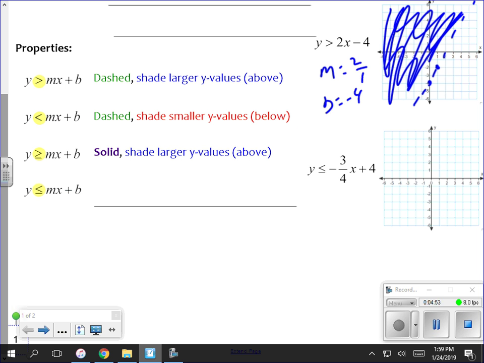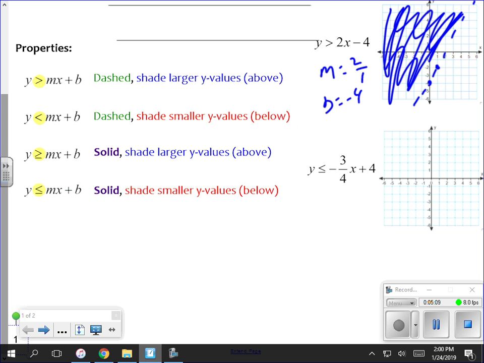Okay, if y is greater than or equal to my equation, it's shaded above, but it's a solid line instead of a dashed line. By the same token, if y is less than or equal to, it's a solid line and shaded below.